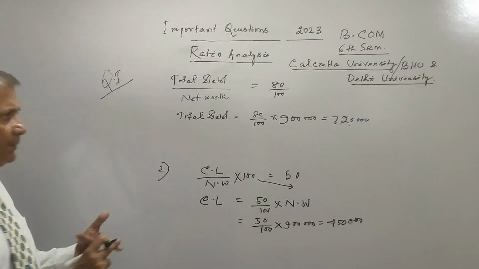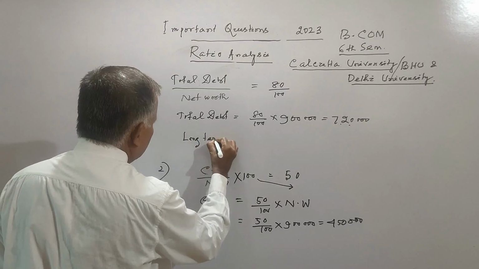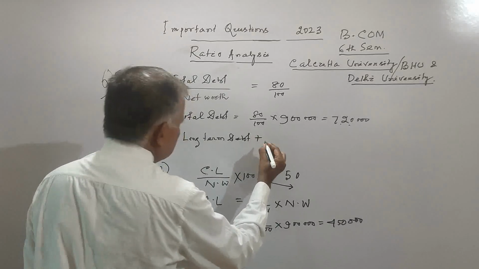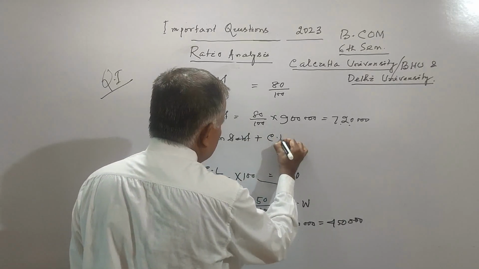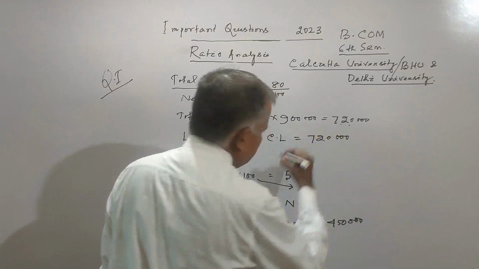Friends, total debt means long-term debt plus short-term debt or current liability, equal to 7,20,000.